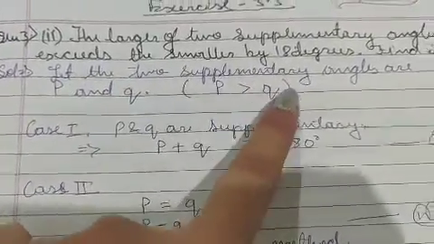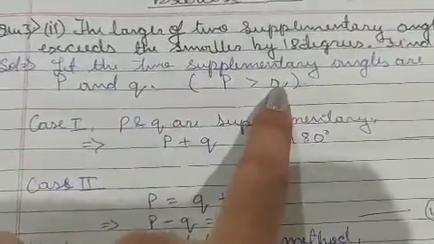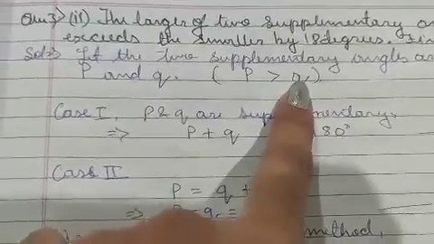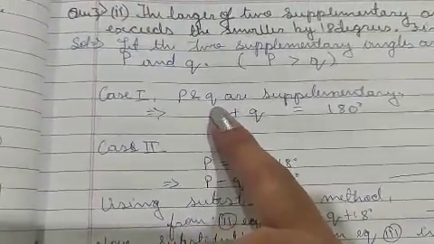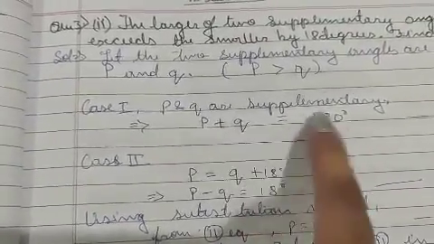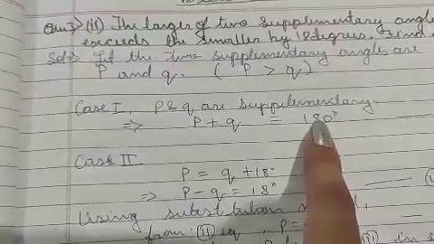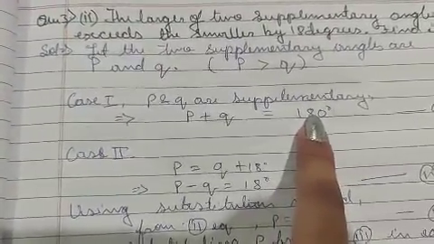So we will assume the two supplementary angles are P and Q, where P is the larger one and Q is the smaller angle. Case 1: P and Q are supplementary angles, which means P plus Q is equal to 180 degrees, since supplementary angles have a sum of 180.